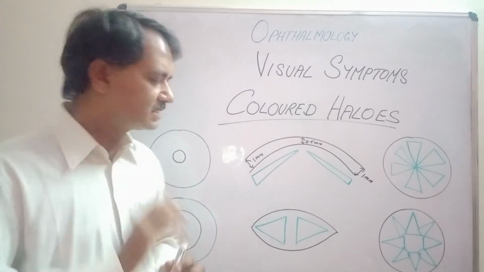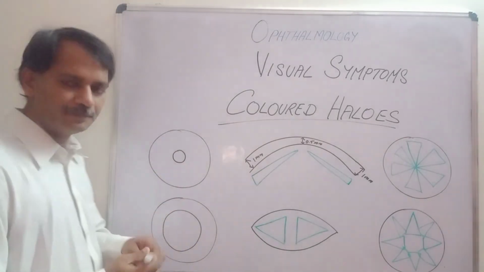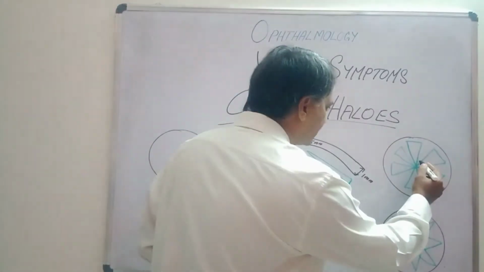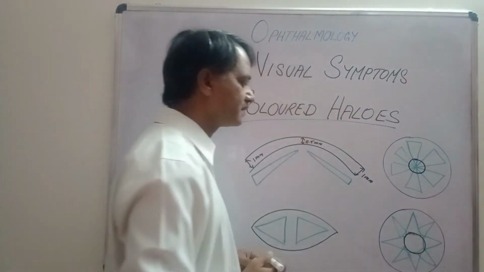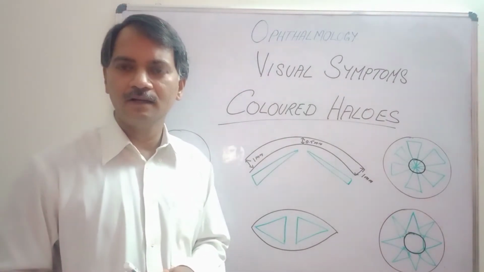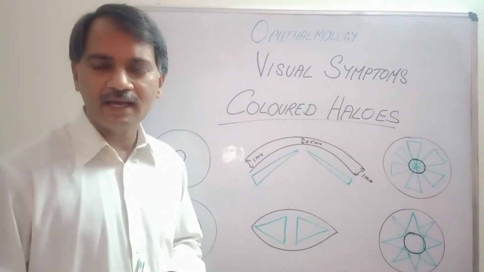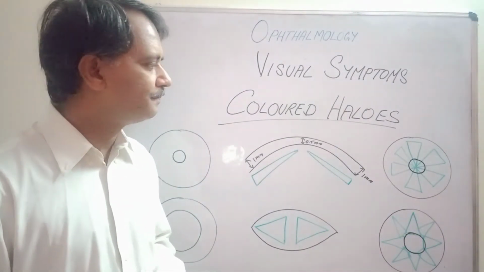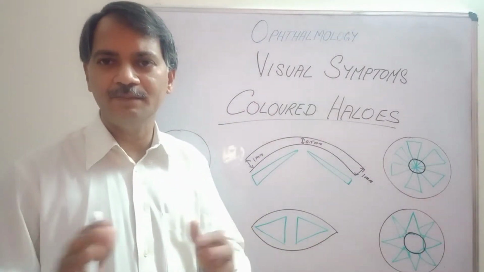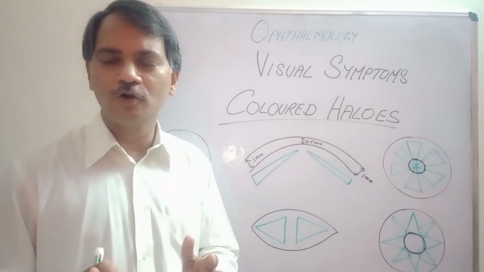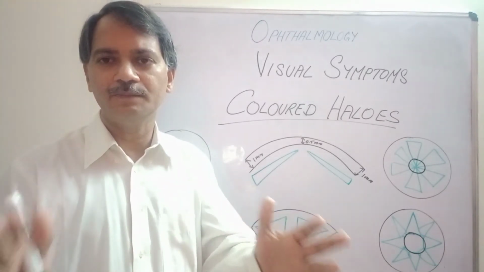The pupil will constrict, so it comes into an area like this. In the small pupillary area where the light rays pass through, the prism is very minimal. So there is no dispersion of light rays into multiple colors.